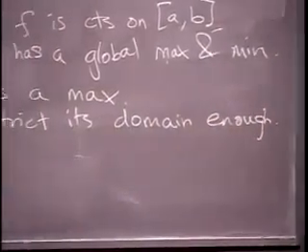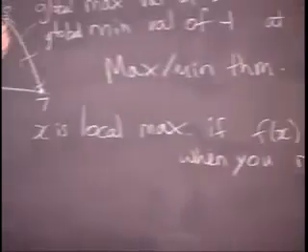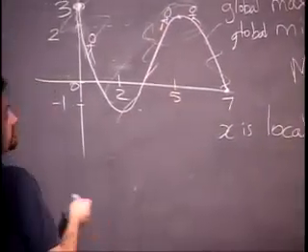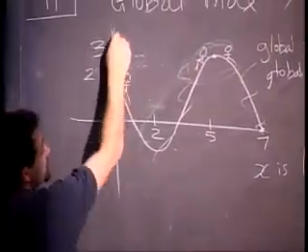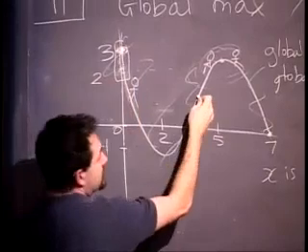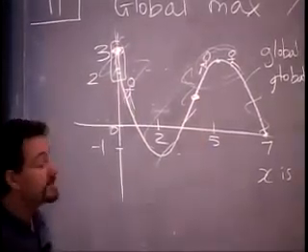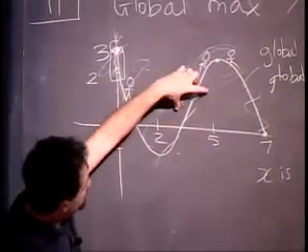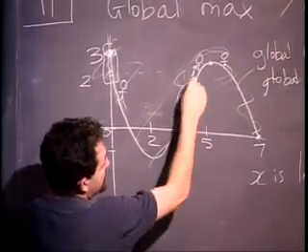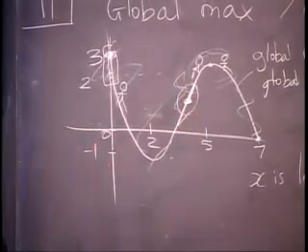So, for example, you don't have to restrict the domain very much to find it's a maximum. You just don't want to pick up any of this stuff over here. But you cannot say that this is a global maximum or even a local maximum, because no matter how you restrict your domain, you'll always pick up a point higher than it.